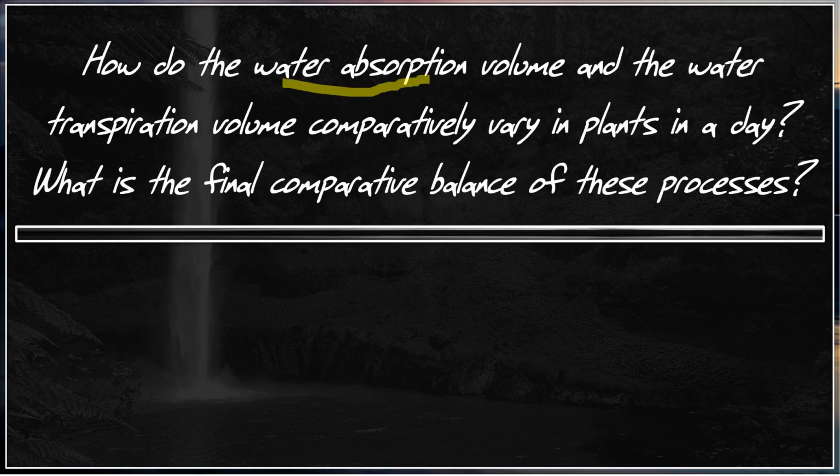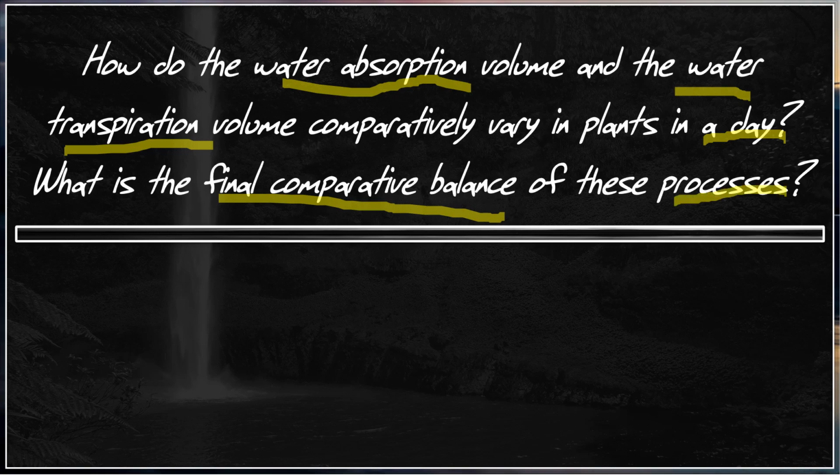How do plant absorption volume and the water transpiration volume comparatively vary in the plant during the day? What is the final comparative balance of these processes?